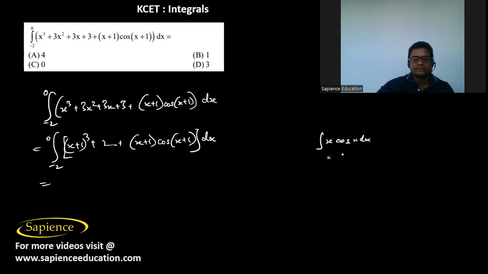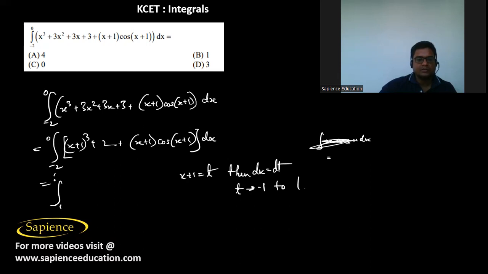So now here what we can do, if we take x plus 1 as t, then dx will be equal to dt and t will go from minus 1 to plus 1.